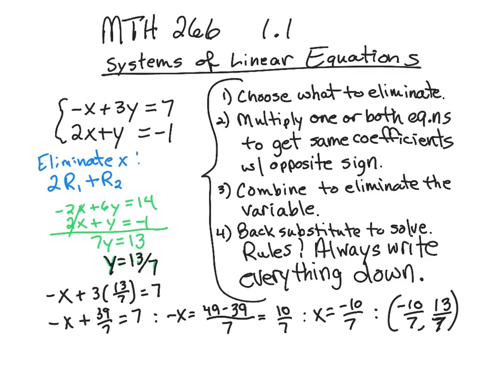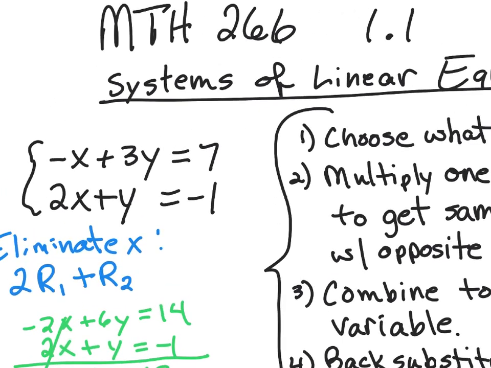Minus 10 and 13, all over 7. So this is all over 7, negative 10 with a minus sign, and a positive 13 times 3 gives me a positive 49 over 7, which equals 7. That checks.